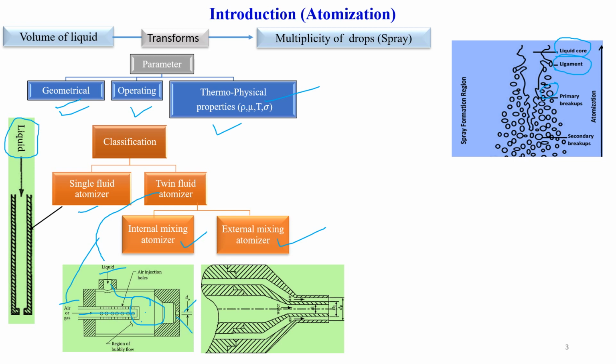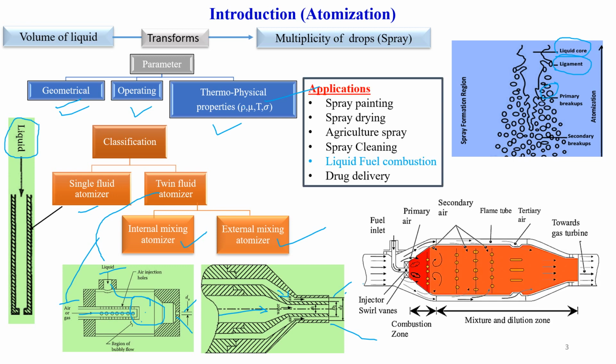This is known as the atomization process in an internal mixing atomizer. Whereas in an external mixing atomizer, both liquid, such as water, as well as air mix at the exit of the atomizer. So here it is mixing outside, and this is known as the external mixing atomizer.